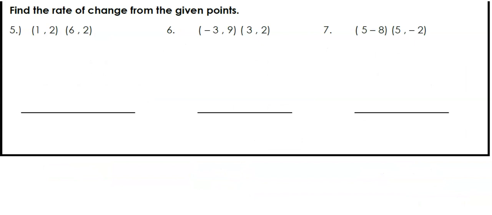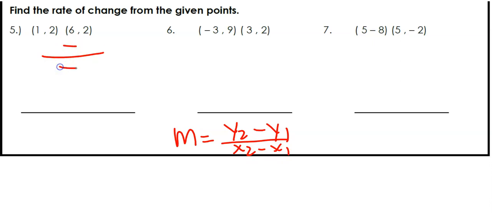Okay, let's take a look at the next section here. Find the rate of change from the given points. Now remember, rate of change is a slope, and the slope formula is y2 minus y1 over x2 minus x1. Typically we call it a subtraction fraction, but we take our second y and our first y, and then we take our second x and our first x. 2 minus 2 is 0, and 6 minus 1 is 5.